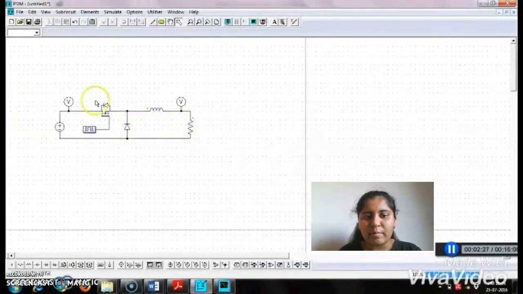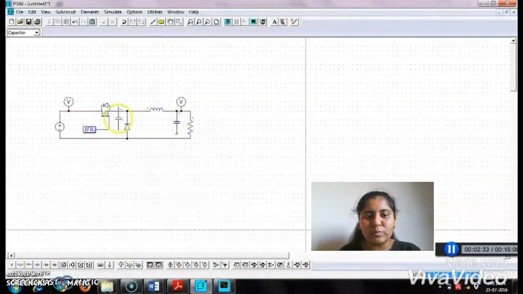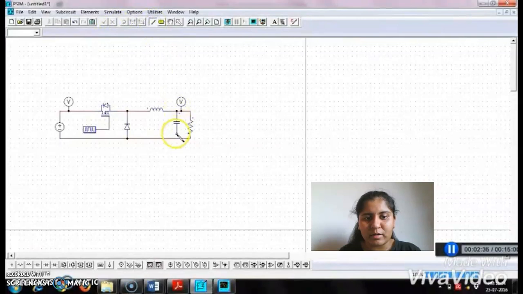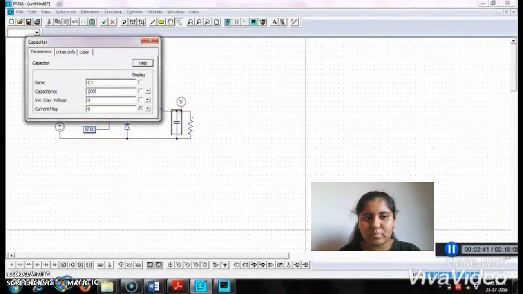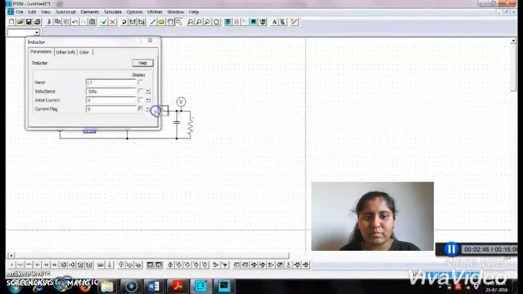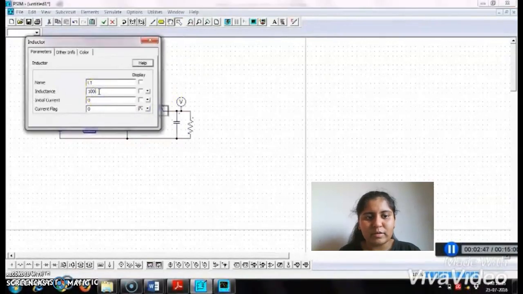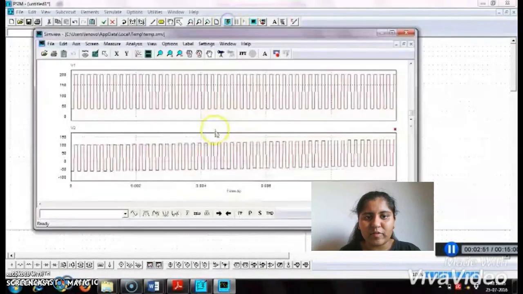So I am going to connect one capacitor across the resistor to reduce the ripples, which is 200 microfarad. And the value of the inductor is also changed, which is 500 nanofarad.